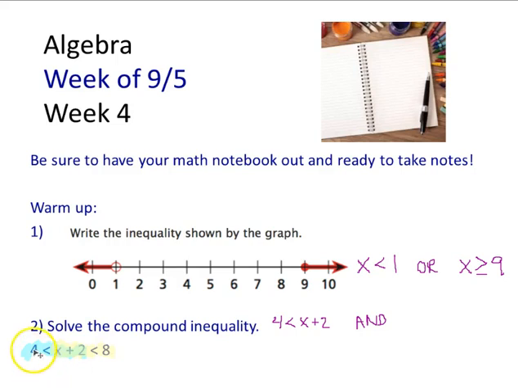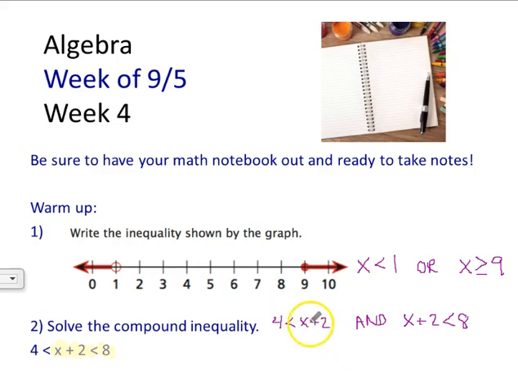So actually, let me get rid of that blue in there. And we can just highlight the x plus 2 is less than 8. So that's the other inequality. So there's actually 2 inequalities within that compound inequality. So we can separate it into 2 inequalities. And we want that keyword and to be included. So when we get our answer, we can say x is whatever and x can be this.